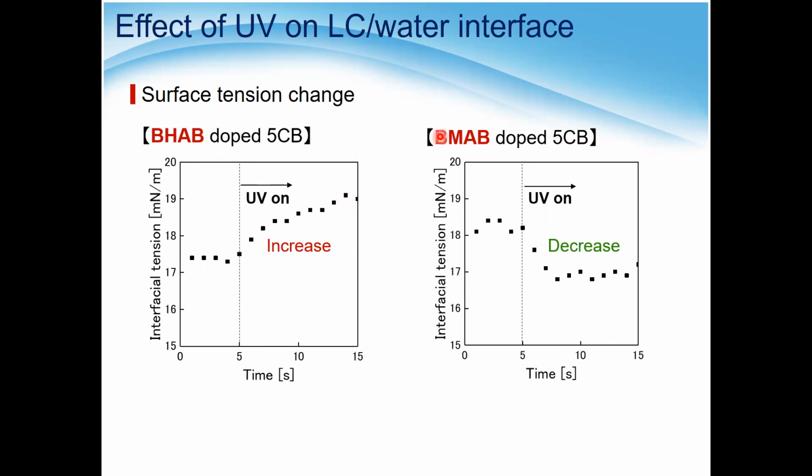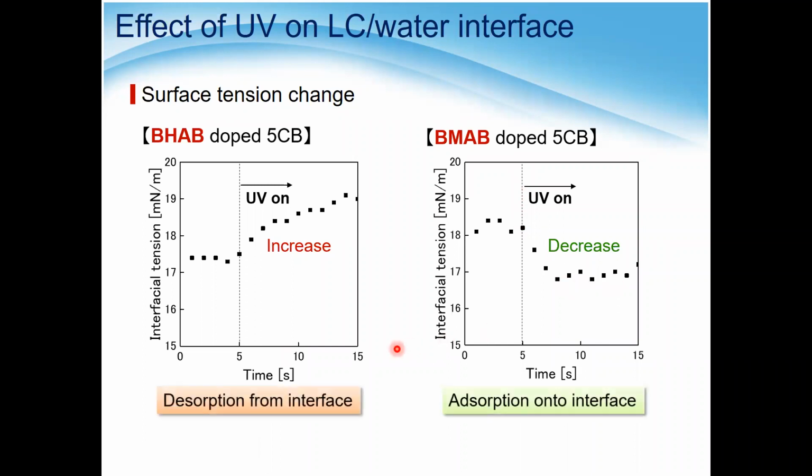On the other hand, in the BMAB case, when the light was illuminated, the surface tension decreased. This means that in the case of BHAB, some desorption happened from the interface, while in the BMAB droplet case, absorption happened.